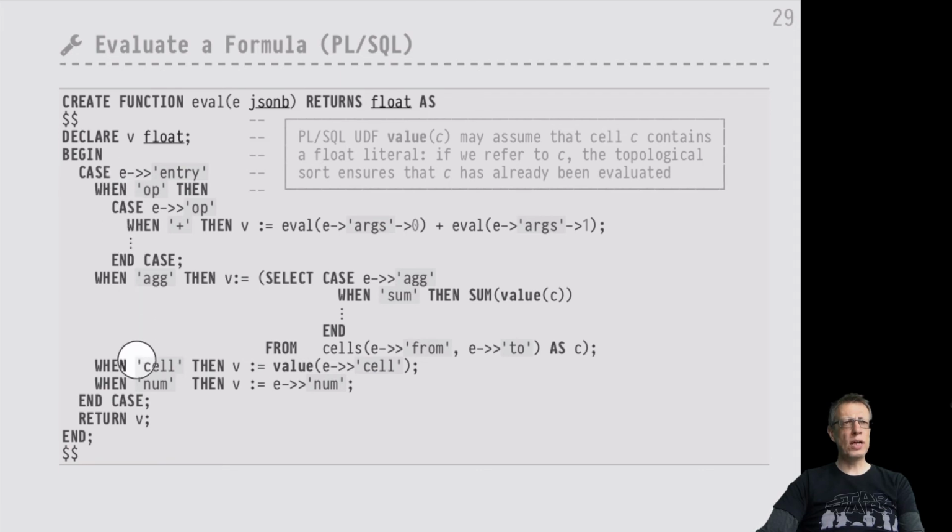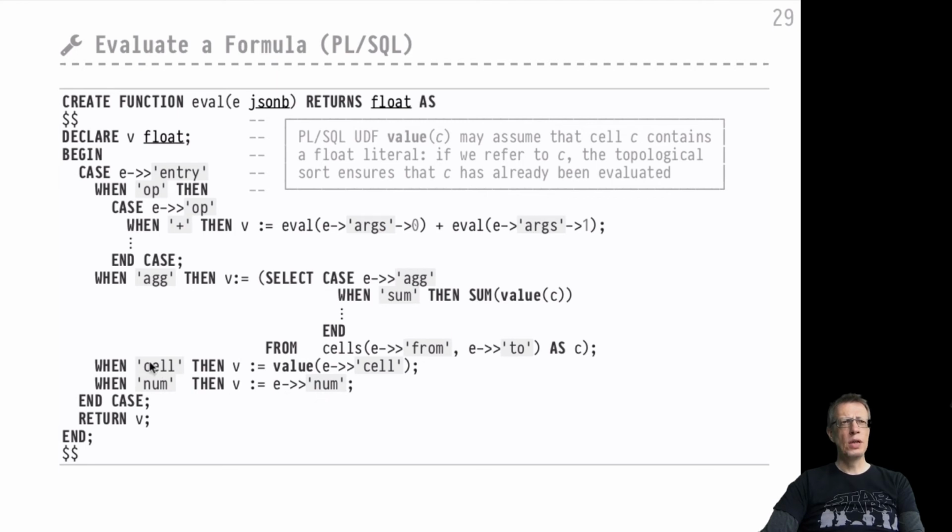Let's first look at the very simple cases. For example, if the expression is indeed very simple and represents just a numeric value, well, then this is all we need. We would just extract that particular numeric value from the JSON object. No further work is to be done, and here we are. That would be the result of the expression evaluation.